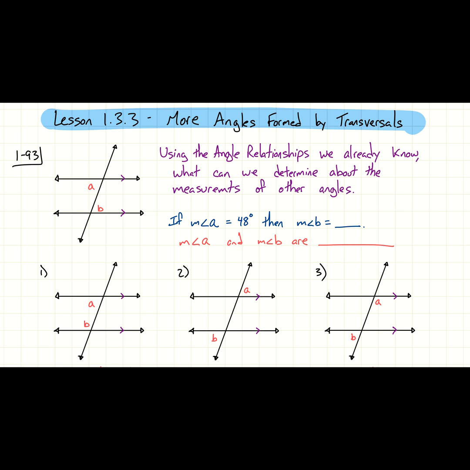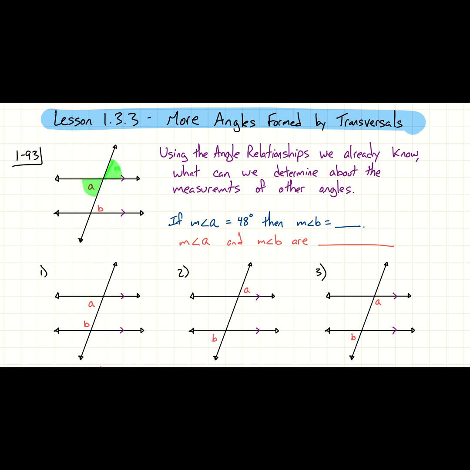Well, if I think about angle A, maybe there's an angle relationship that we know about from before. Last time I remember we did talk about vertical angles. Vertical angles would be these angles here.